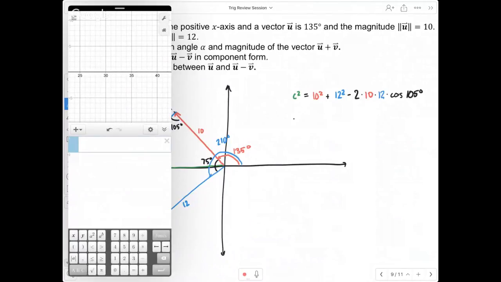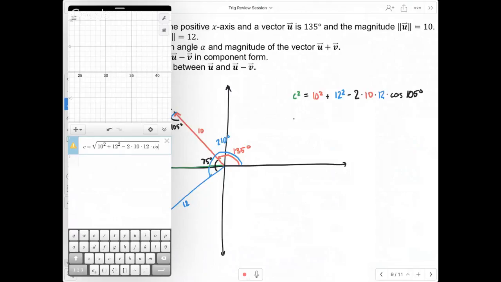Let's say that side c is equal to the square root of 10 squared plus 12 squared minus 2 times 10 times 12 times the cosine of 105. 17.49.